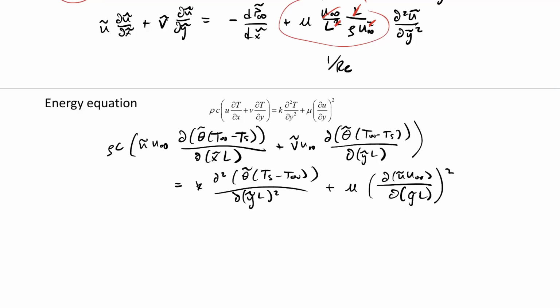What we're going to do now is, again, figure out how to normalize this. We want the terms on the left-hand side without anything multiplying them. So let's take out everything that is common between those terms and divide the equation by the rest. We have T infinity minus TS, a constant. We have U infinity that can come out, and rho C are also constant.